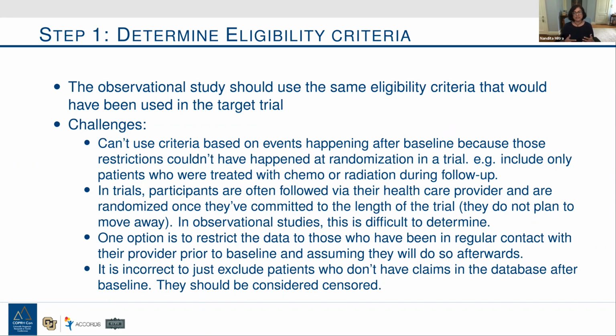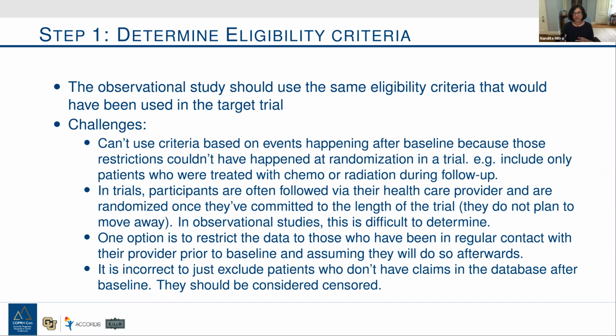But if you do that, you could have a lot of bias, and if you just exclude patients who don't have, say, claims in a database, they should actually be considered censored. One option potentially, if you have really good observational data or maybe EHR data, is to restrict the data to those who have been in regular contact with their provider prior to baseline, and then assume that they would do so afterwards.